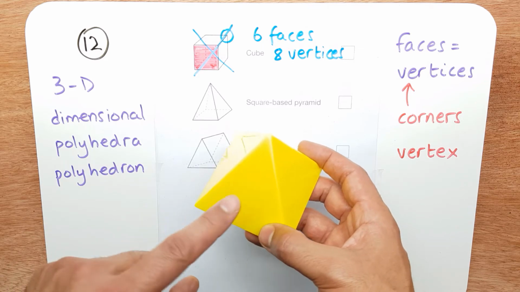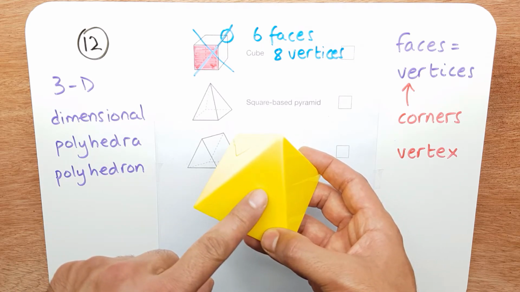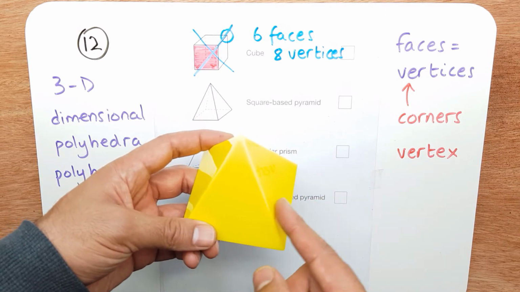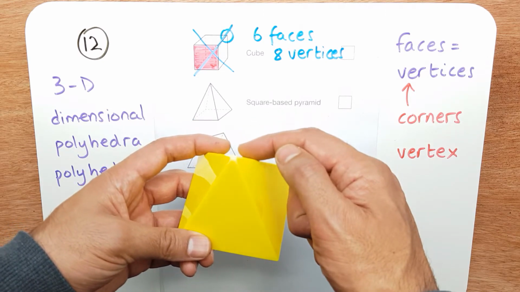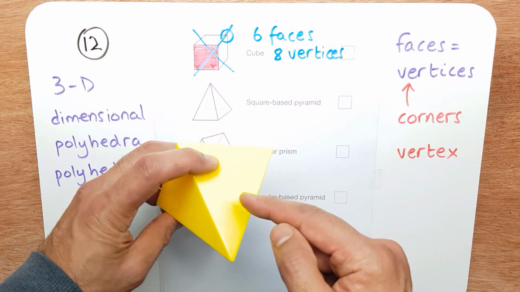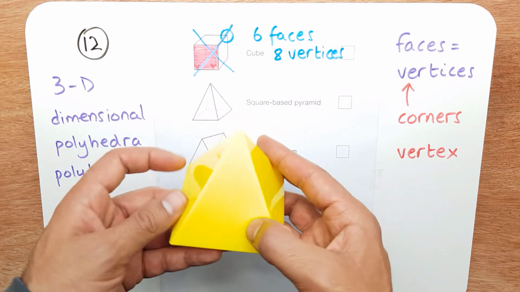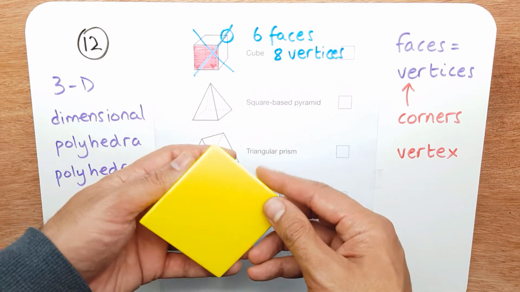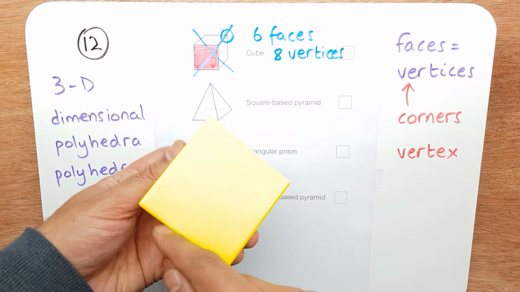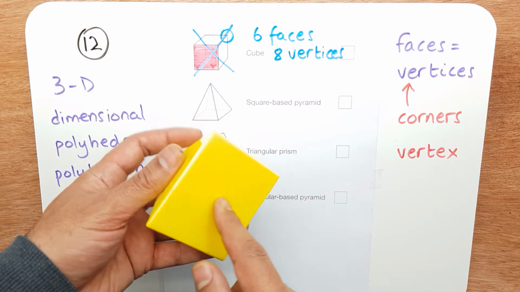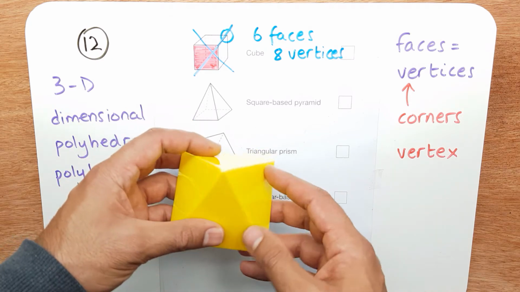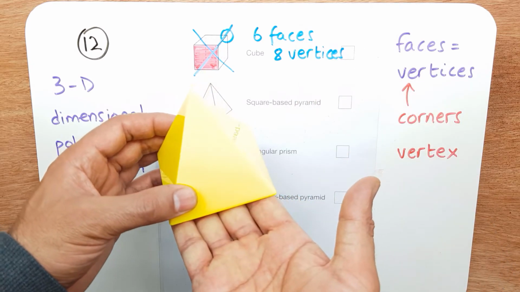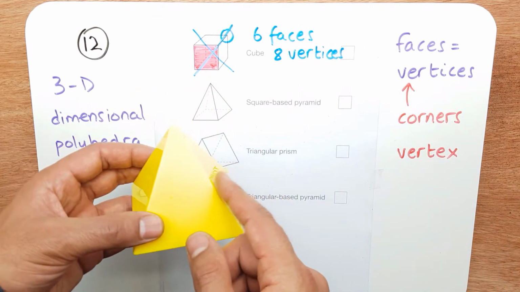So if we look, we've got one face there, one face to the left, one face to the right, and then there's a face here at the back there. So all together we've got 4 faces there, and then if we turn it over, we have the square base. So that's our 5th face. So we've got 4 faces going up and then 1 on the base. So altogether we have 5 faces.